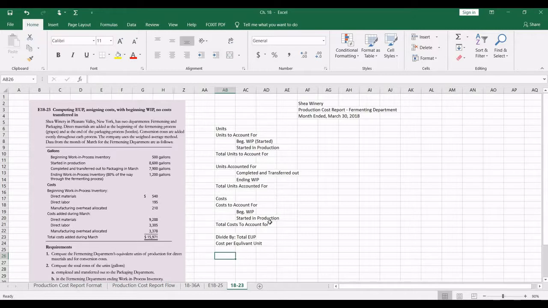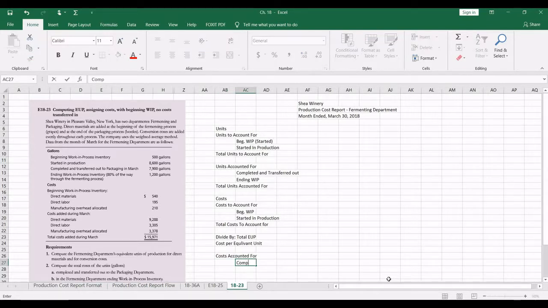Now we finish out the worksheet by simply copying the second quad of units and changing those units to costs. Of course, in this case, they used gallons, but just remember we used units. So costs accounted for. Tab in after the heading.